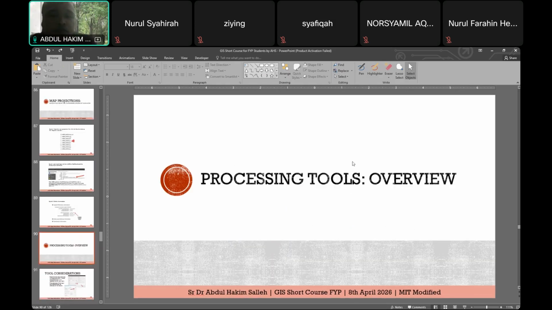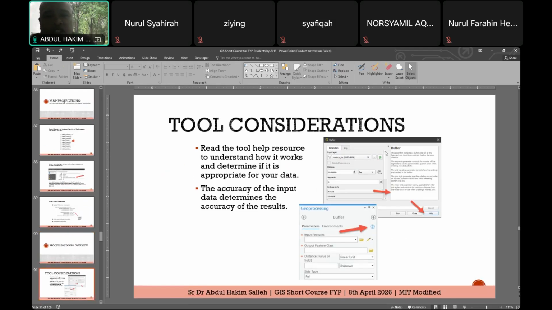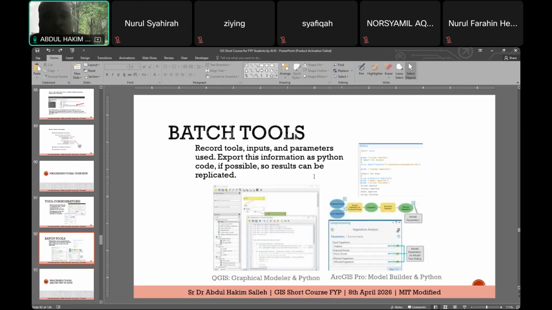Okay, processing tools, there are a lot of processing tools available. Here it shows the geoprocessing, the buffer tools, and a lot more, of course. There are batch process tools: if you have 50 datasets that you want to process with the same technique, you can use batch tools.